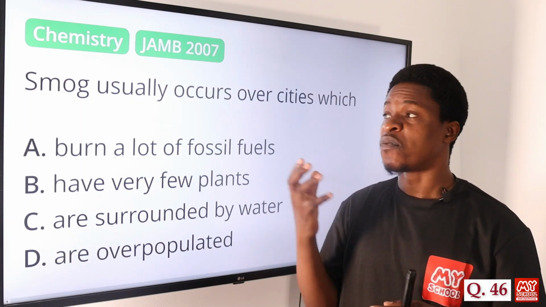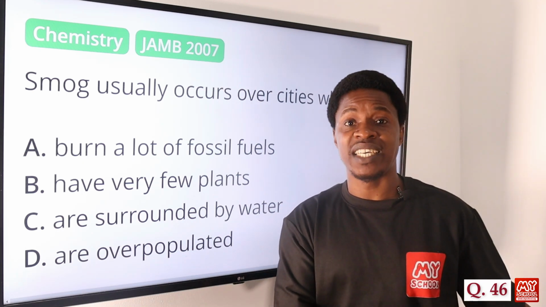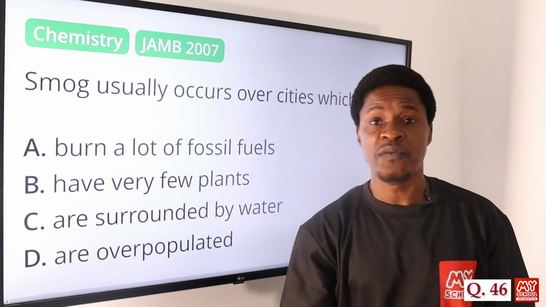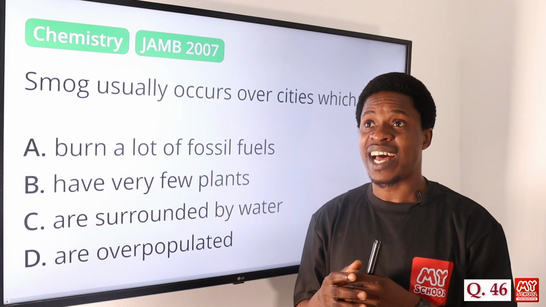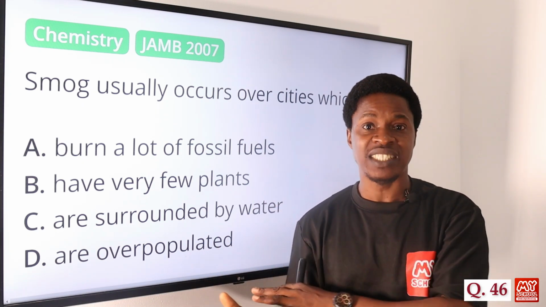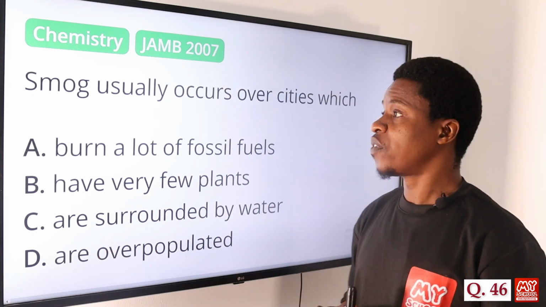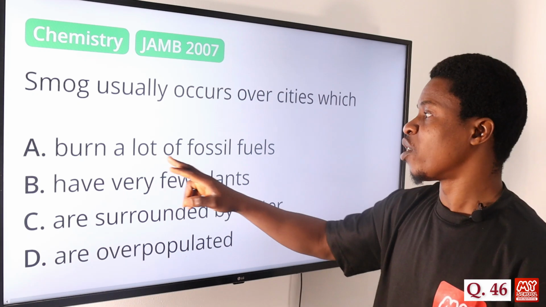When fossil fuels are burnt, usually in the urban areas, gases like sulfur oxide are given off into the atmosphere. Of course, they cause air pollutants, they contaminate the air. So smog usually occurs over cities which burn a lot of fossil fuels.